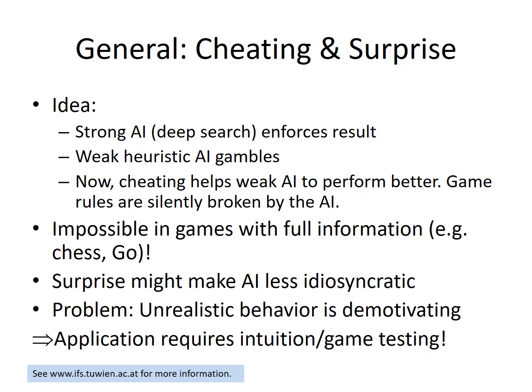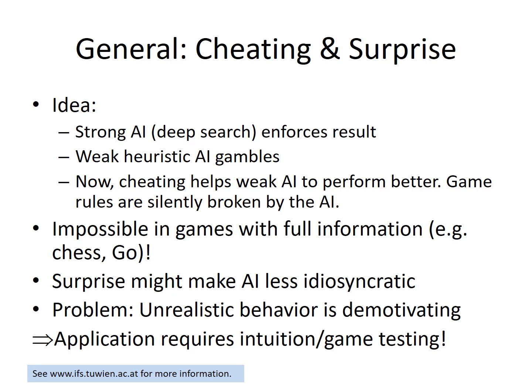Okay, so what about cheating and surprise? A strong artificial intelligence will, of course, not be able to be cheated, or doesn't need to cheat. A weaker one, of course, which means a smart, slow one, might actually use it as another form of gambling.